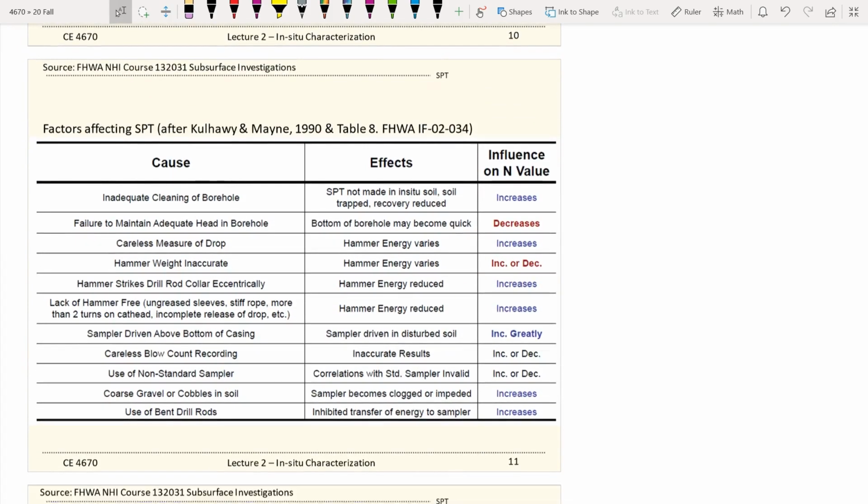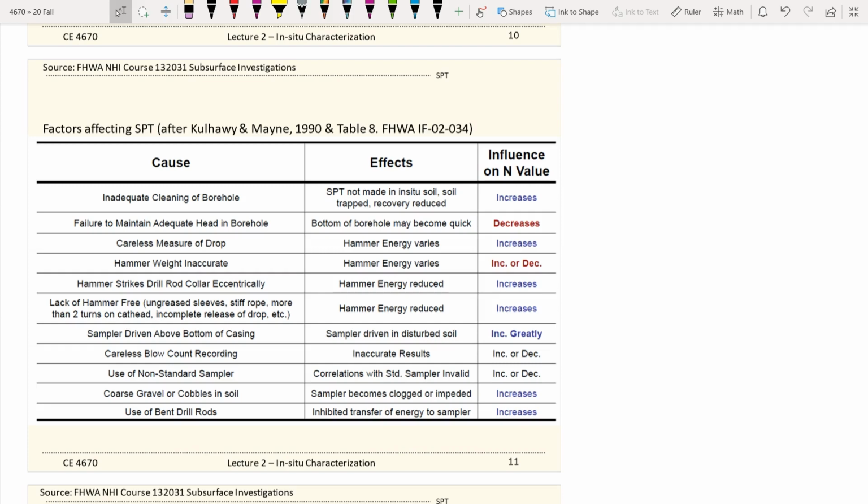So this SPT N method actually is not very ideal in the sense that there are many effects that can cause disturbance, and it is the very first type of field method that we developed.